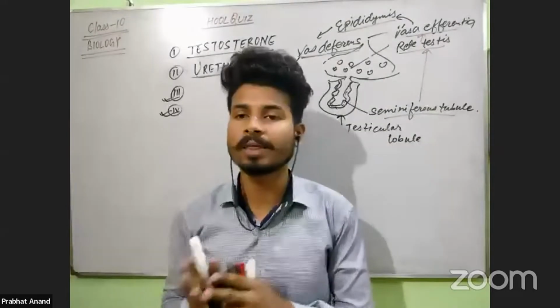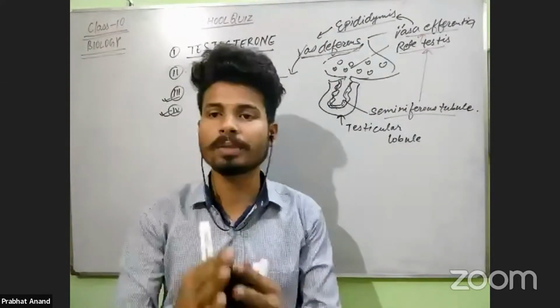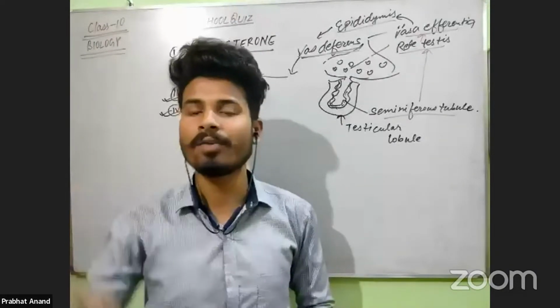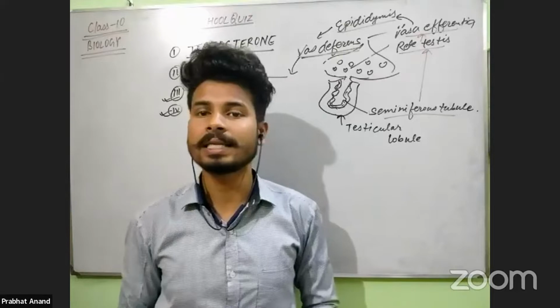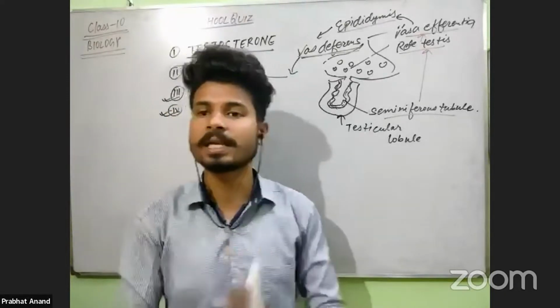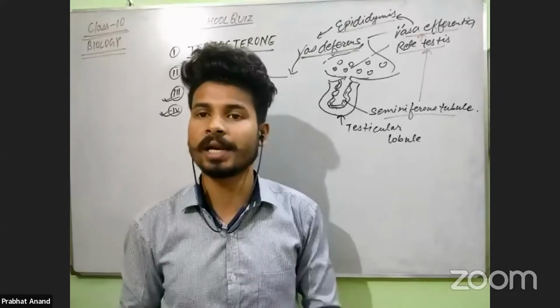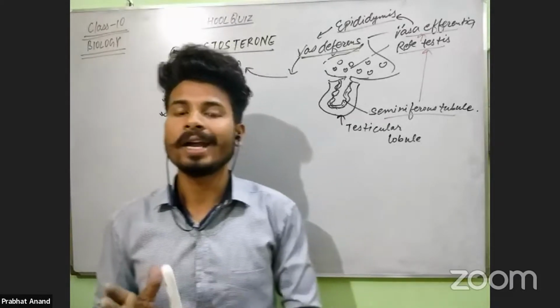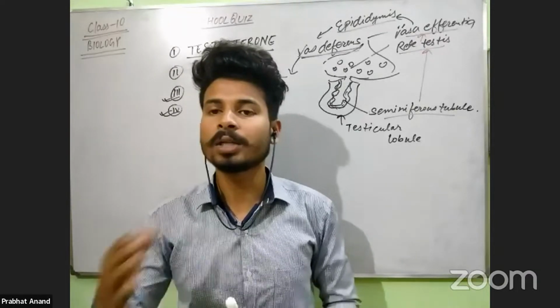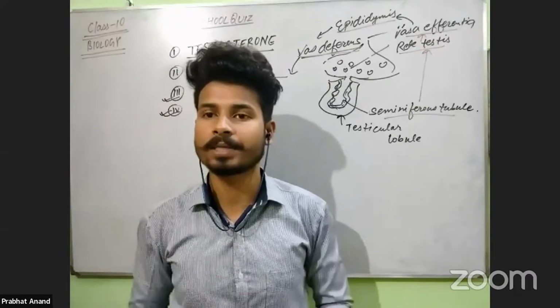So the next question related to that topic: what is the covering of the testis called? The testis is covered with a kind of layer. That covering contains some kind of fluid that maintains the temperature of the testis, below our body temperature, 2 to 3 degrees less.